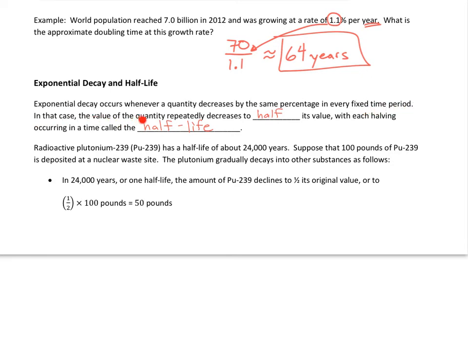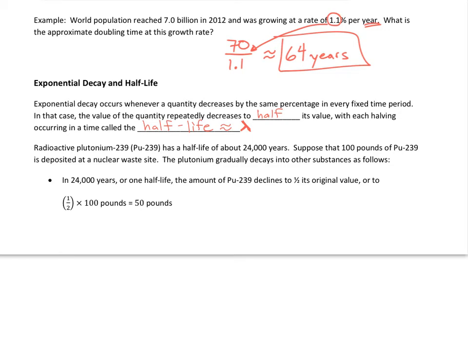In that case, the value of the quantity repeatedly decreases to half its value, with each halving occurring in a time called the half-life. Now, if any of you play video games, Half-Life is for real, represented by this little lambda. I don't remember how this fits into the title of the video game, I can just tell you that for sure this is the symbol used in science to represent a half-life.